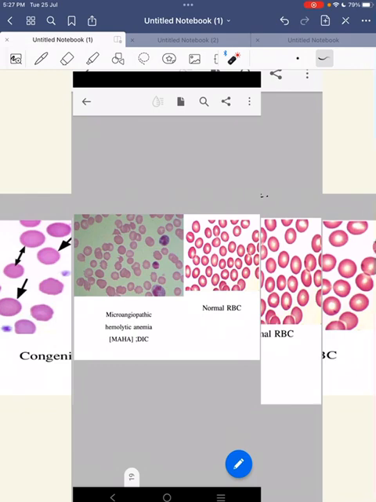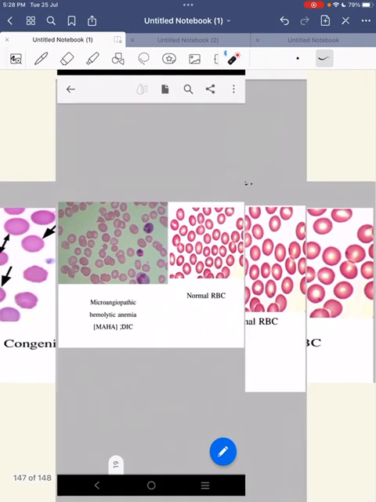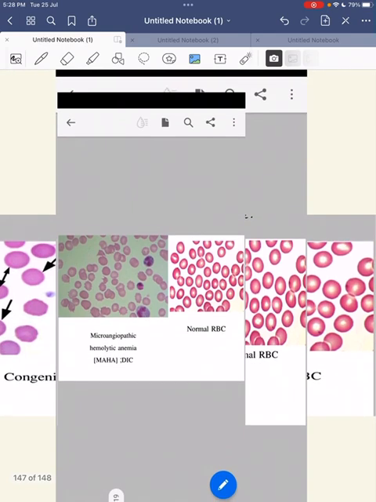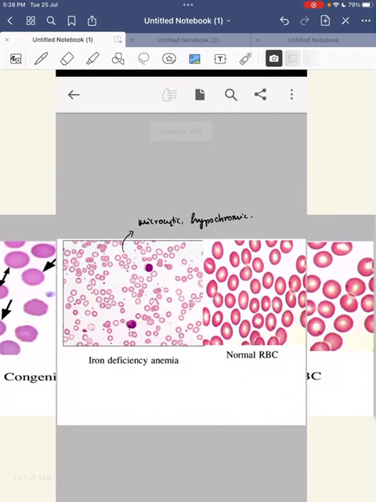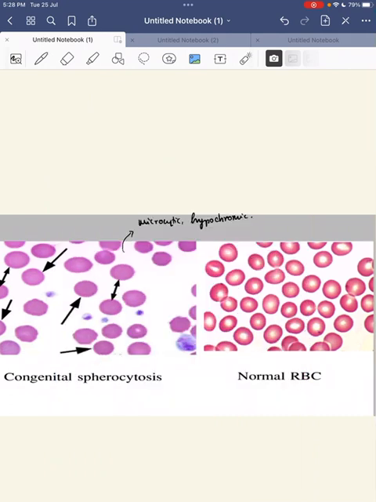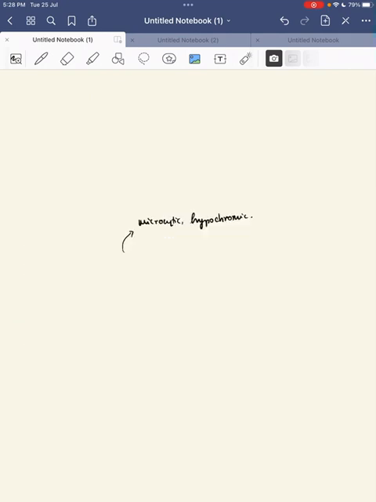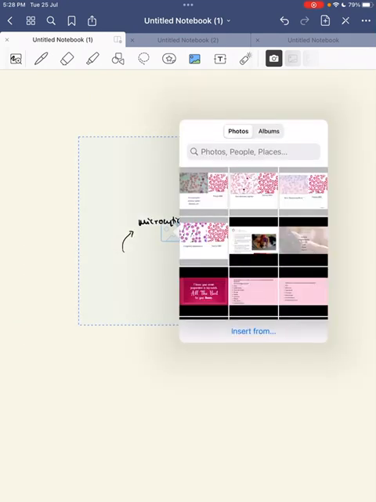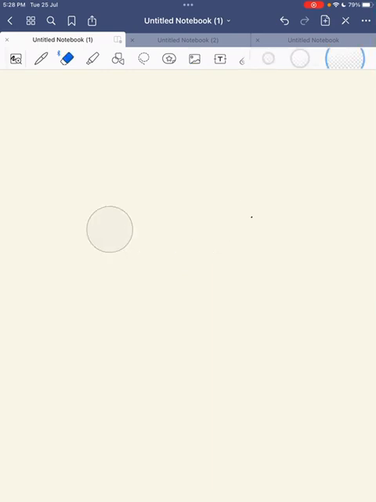Next we'll go into the classification according to lab investigations.